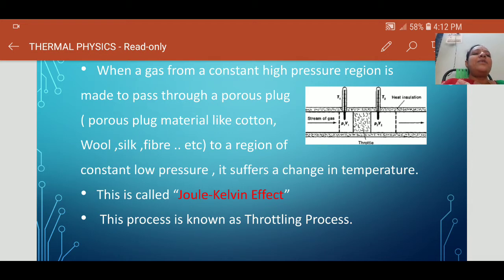T1 is before passing the gas through the porous plug, and T2 is after passing through this porous plug. When a gas passes through this porous plug from high pressure region to low pressure region, the gas suffers some change in its temperature.